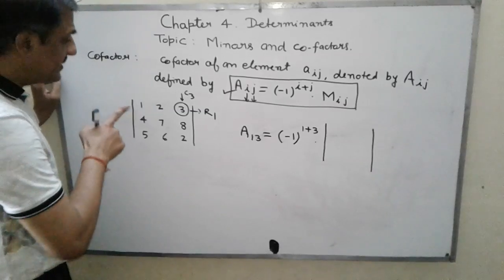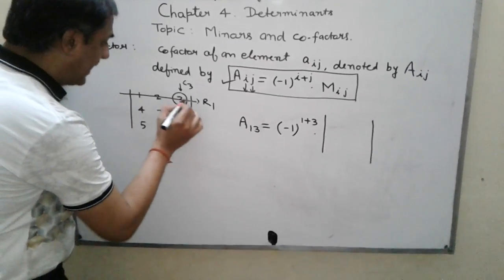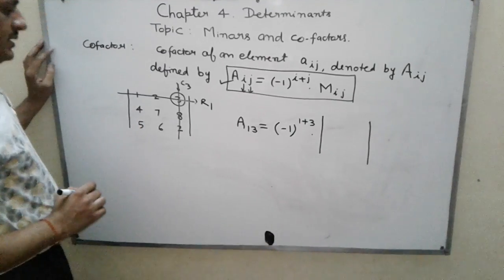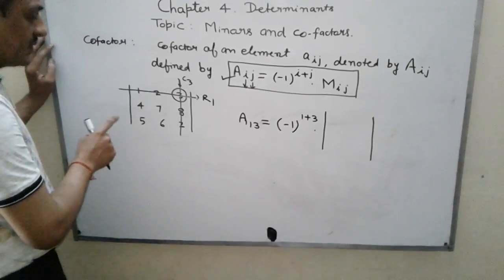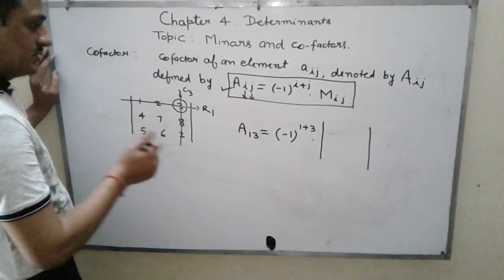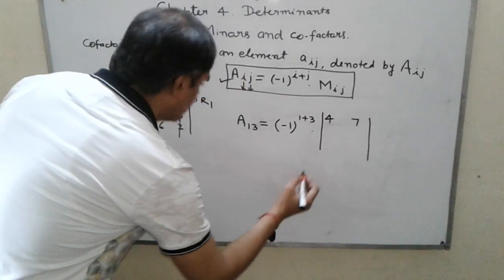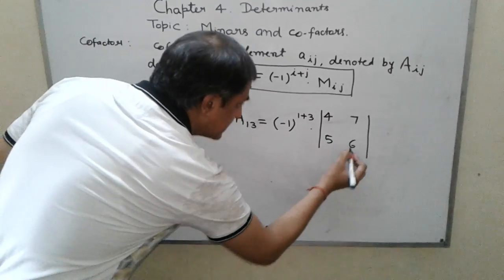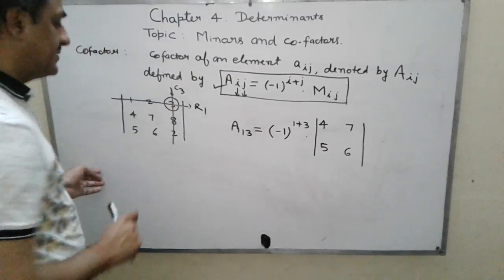How can we find the minor of this element? By deleting the first row and the third column. After deleting the first row and third column, we have a determinant of order 2 by 2: 4, 7, 5, 6.